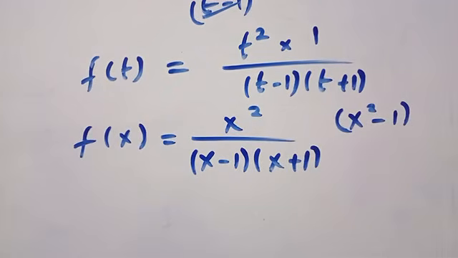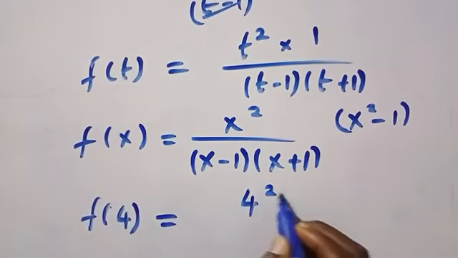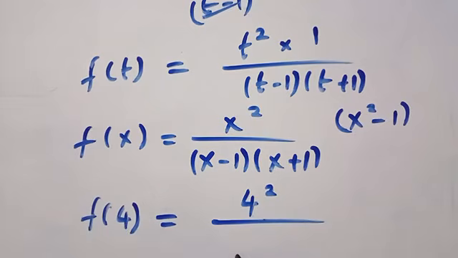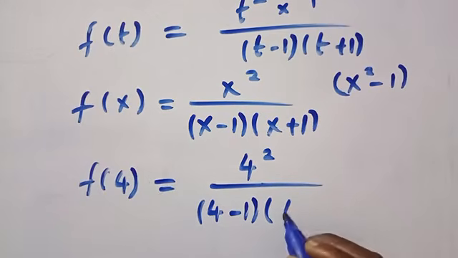Since we have obtained f of x, let's find f of 4. We find f of 4 by replacing x with 4. So therefore we have f of 4 equals 4 squared divided by 4 minus 1 multiplied by 4 plus 1.